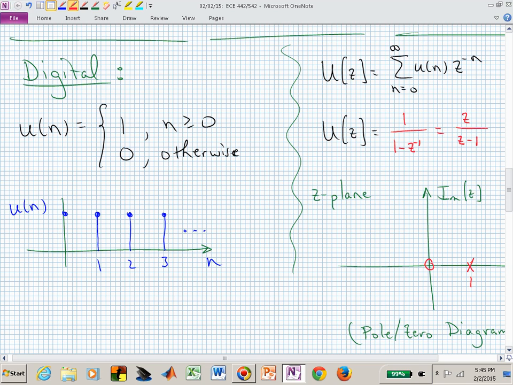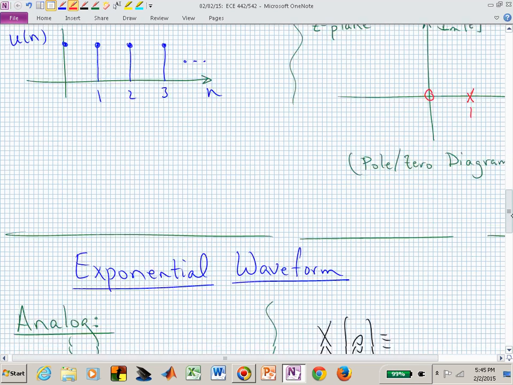And that pole at 1 is consistent with our pole in the S-plane, which was at the origin. Now, if you're very used to thinking about the origin in the S-plane, that now maps into this point z equal 1 in the z-plane. There is our pole and zero diagram for the unit step.